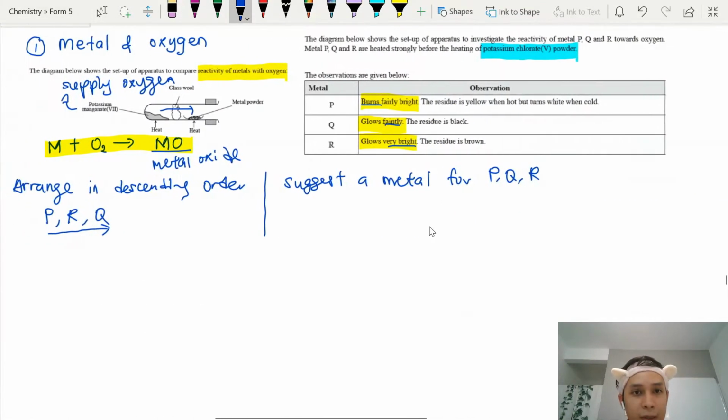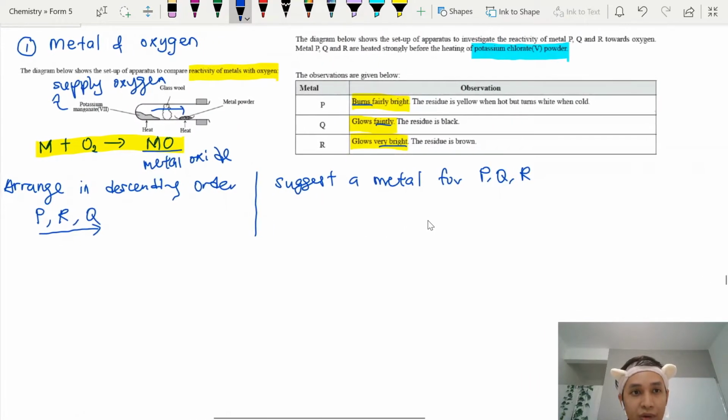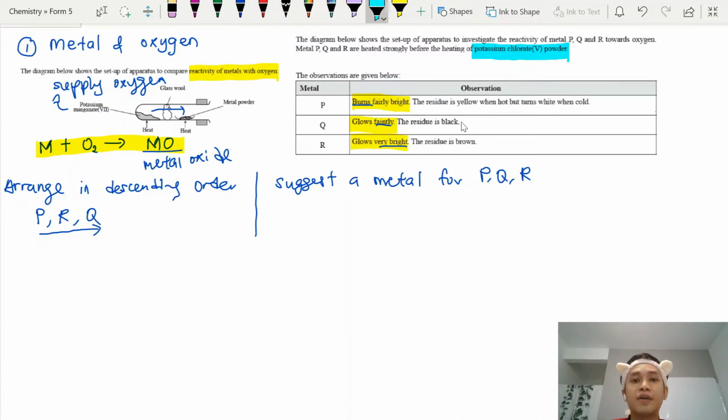We need to know accurately exactly which metal, so we need to look at the second observation here. First things first, residue. This one is referring to the metal oxide. So you need to know that the residue is referring to metal oxide.